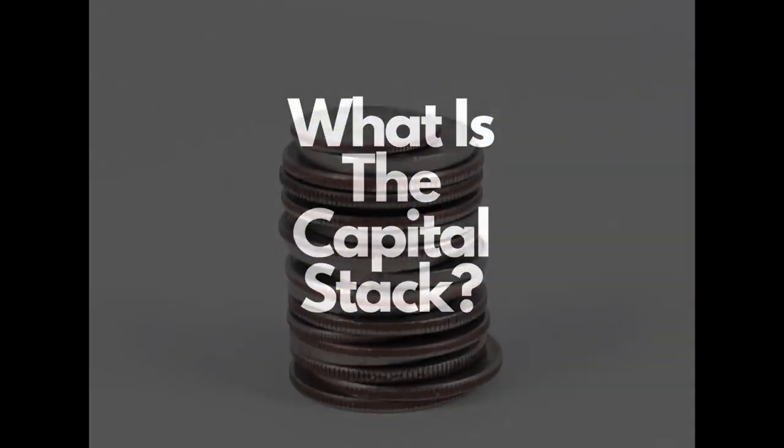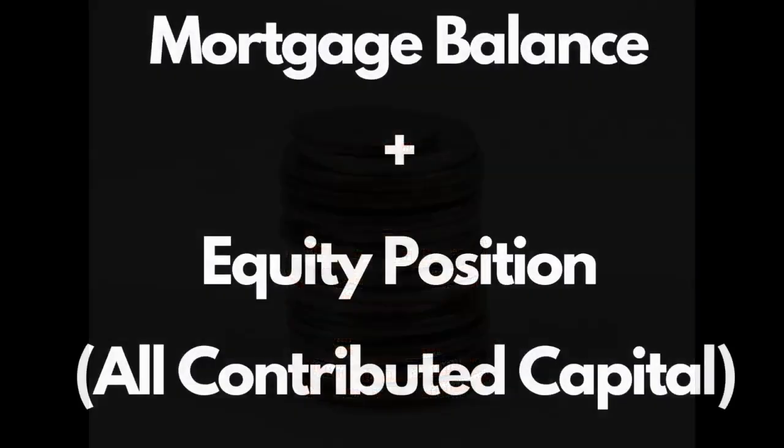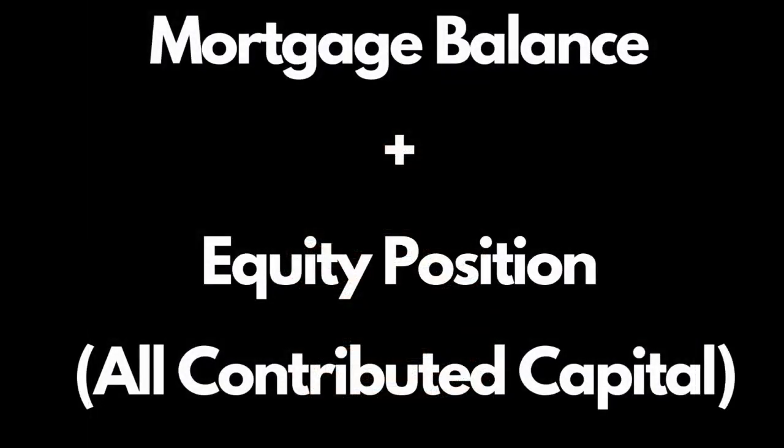In real estate terms, it is every position of contributed capital that was used to facilitate a real estate transaction. Simplified, it's the value of a property broken into the mortgage balance and the remaining equity position plus costs.